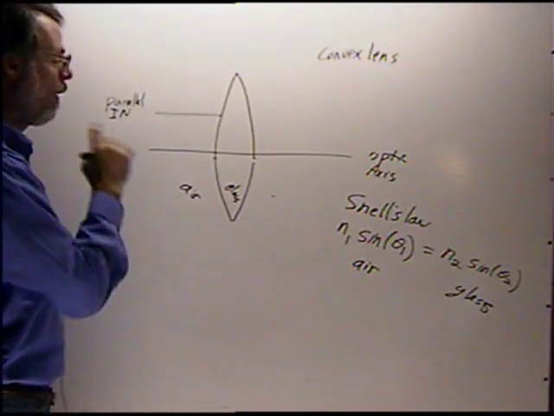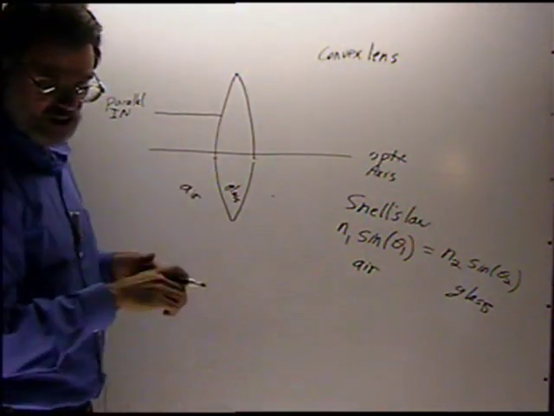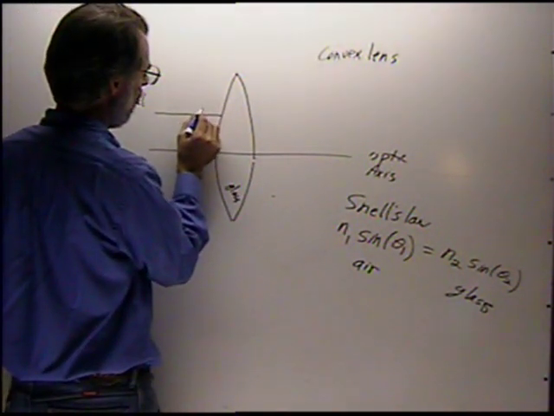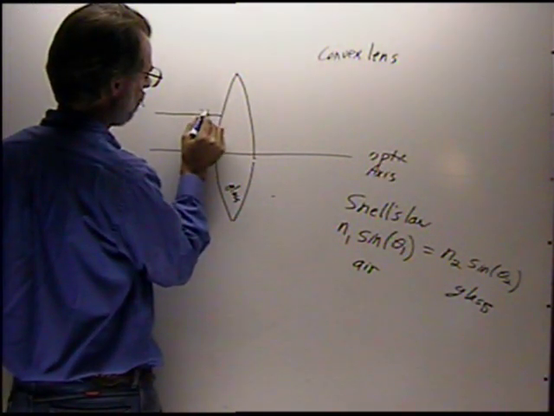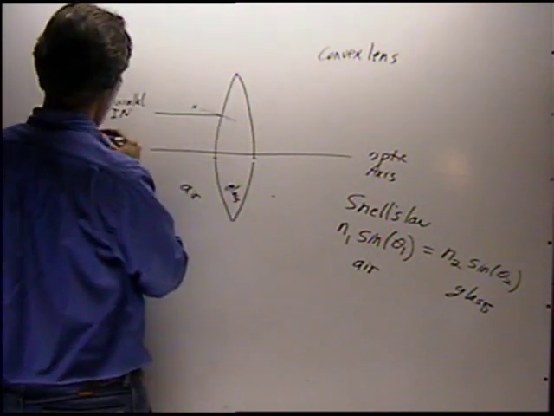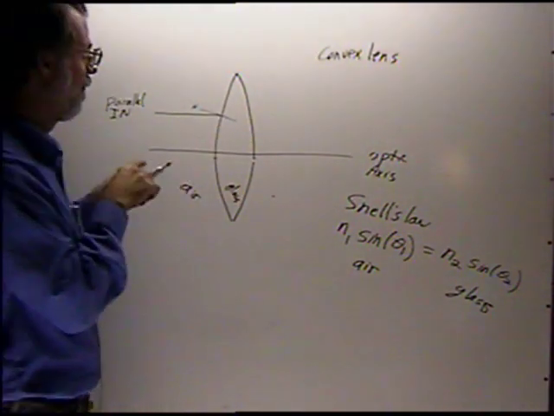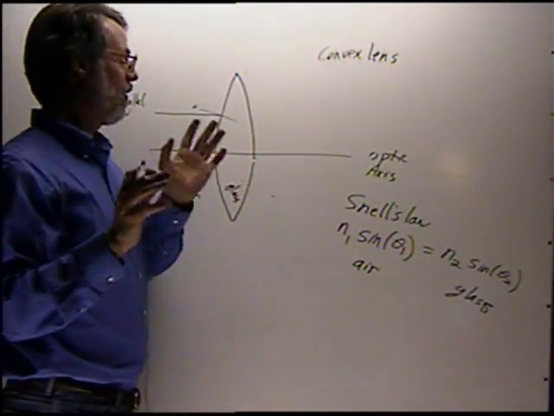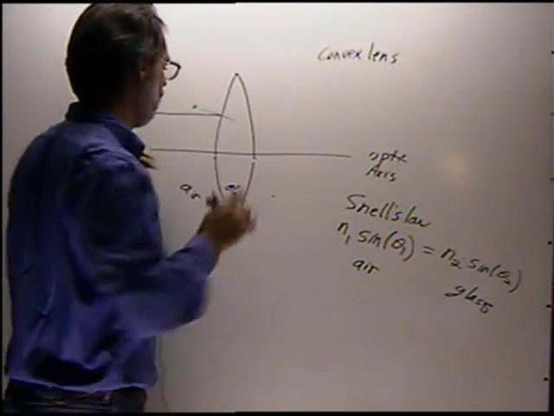Well, we really have to apply Snell's law right at this surface. We have to draw the normal, and it's rather tedious. We're not really going to do this for real, but I'm just going to show you how you could do it.